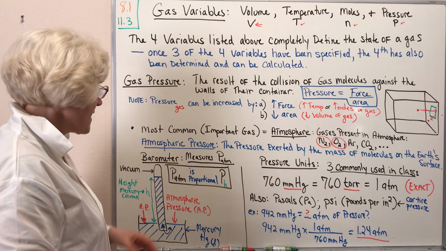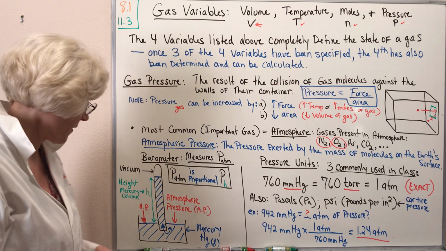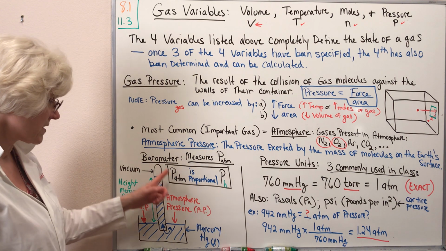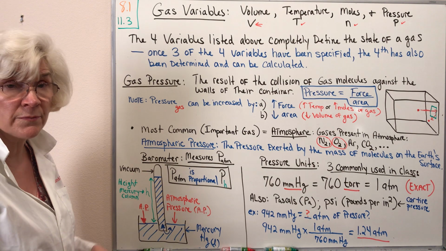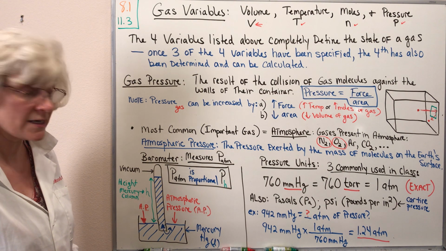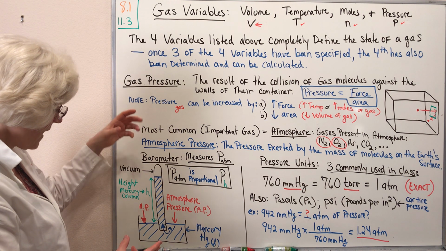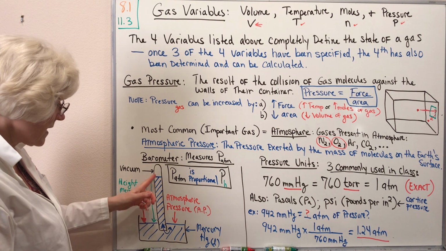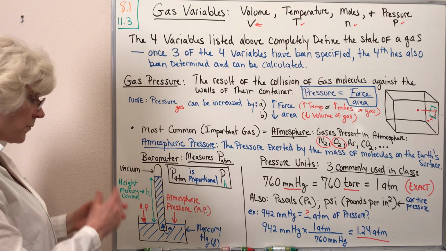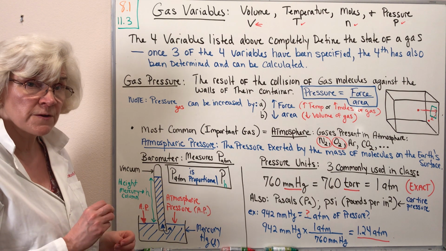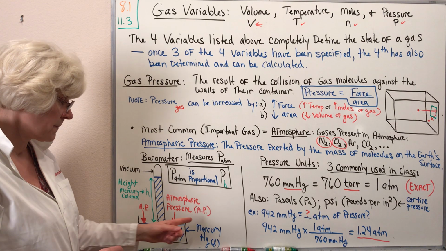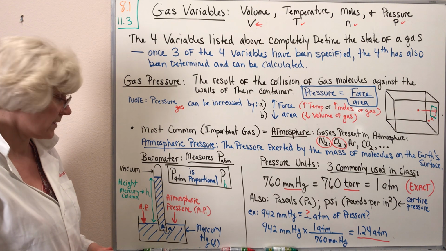A barometer is a device that measures atmospheric pressure, and I've given you just a simple schematic of a barometer. It's also found in your textbook, right? So you take a long tube and you fill it completely with mercury, which is important because it's one of the few metals that's a liquid, and it's also a very dense metal.